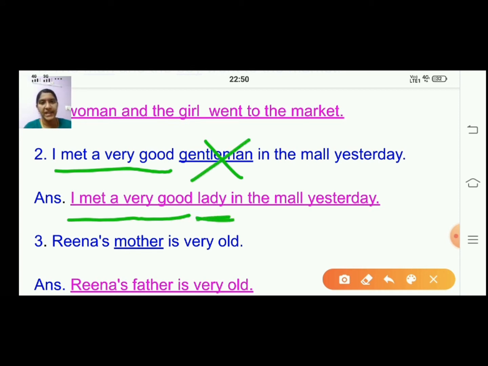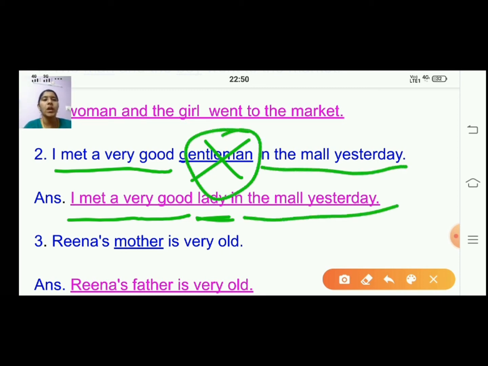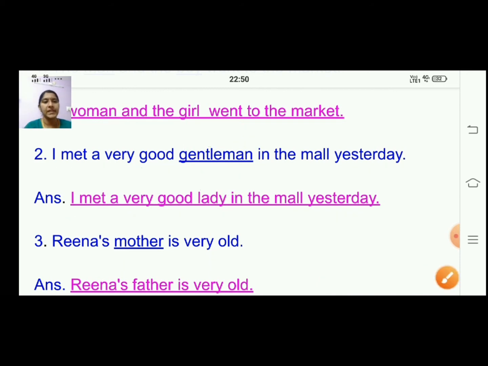Gentleman, lady. In the mall yesterday. Same thing you are writing. Instead of this word, you are going to write lady. Right? I met a very good gentleman. Okay, this is gentleman. In the mall yesterday. Answer will be, I met a very good lady in the mall yesterday.